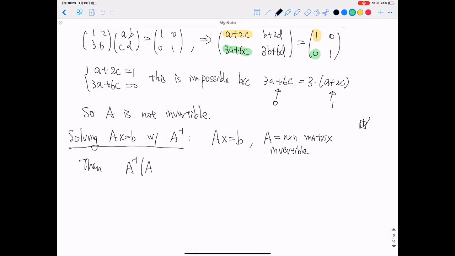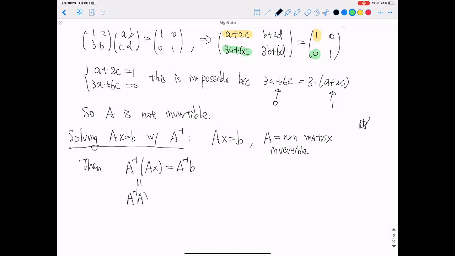You can multiply both sides by A inverse from the left, and the left hand side becomes A inverse times AX.